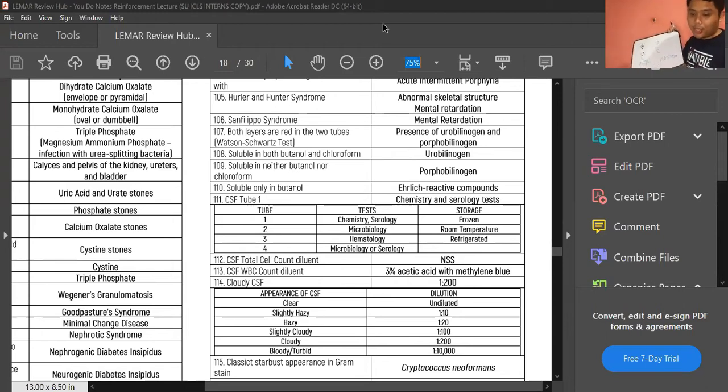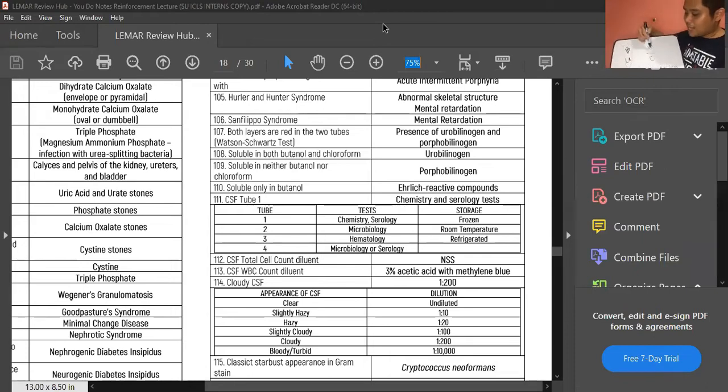Now we go to the expected results. If the upper layer is red, meaning it is soluble in butanol, and it is also red in chloroform, meaning it is soluble in chloroform, that is characteristic of urobilinogen.